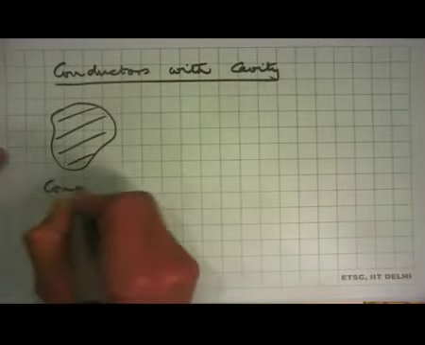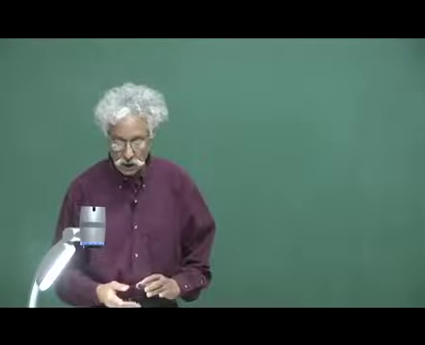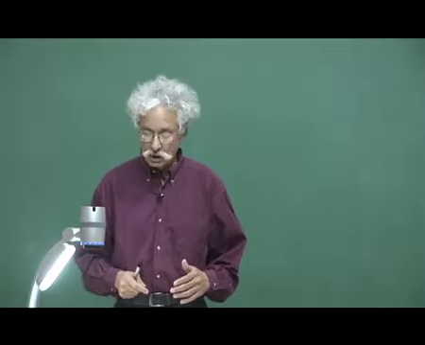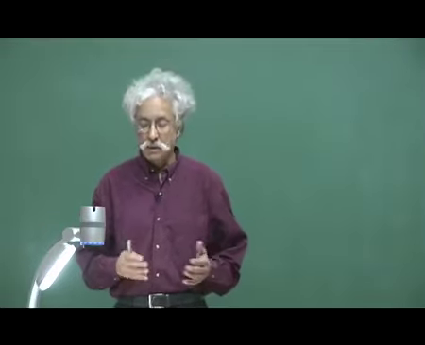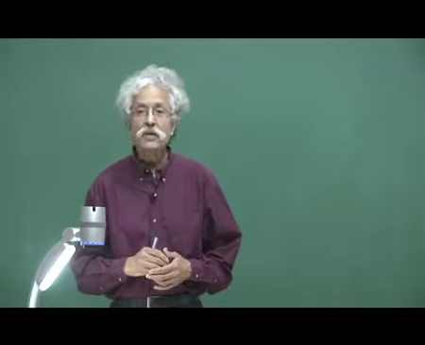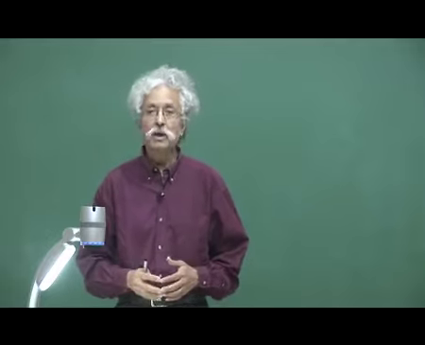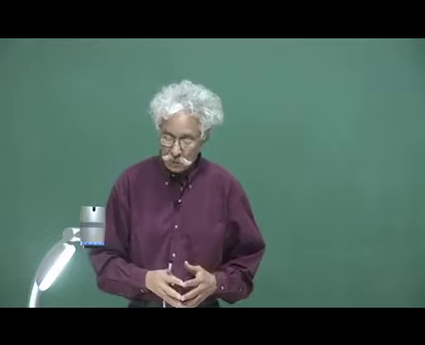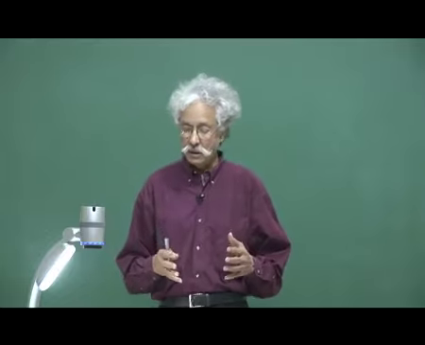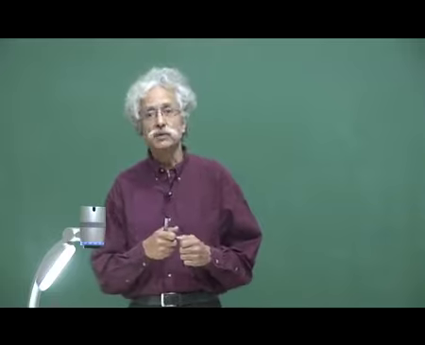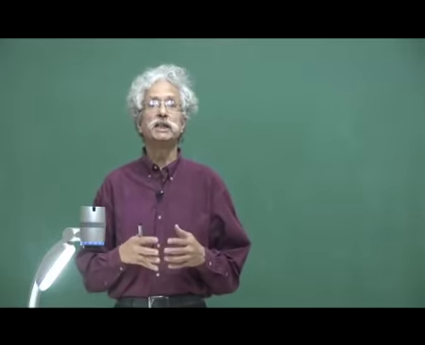So, what happens, as we have discussed earlier, is that all this excess charge will sit on the surface of the conductor, because you cannot have any electric field inside the conductor in the static situation. If there is any charge inside the conductor, in the presence of an electric field, the charge will move and it will no more be a static situation.